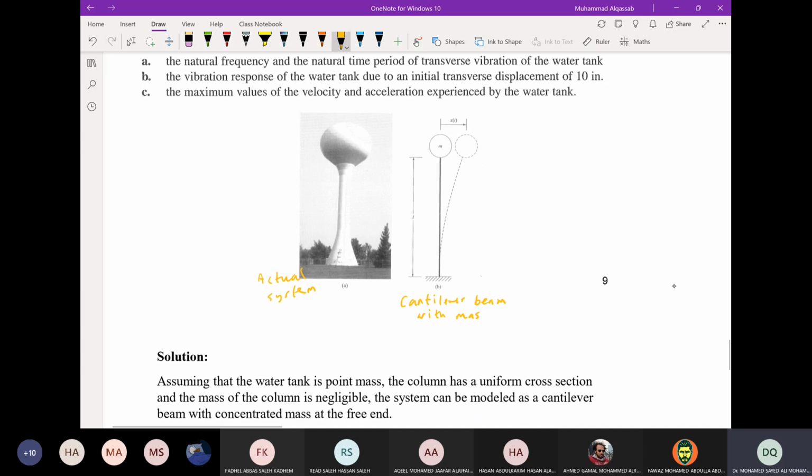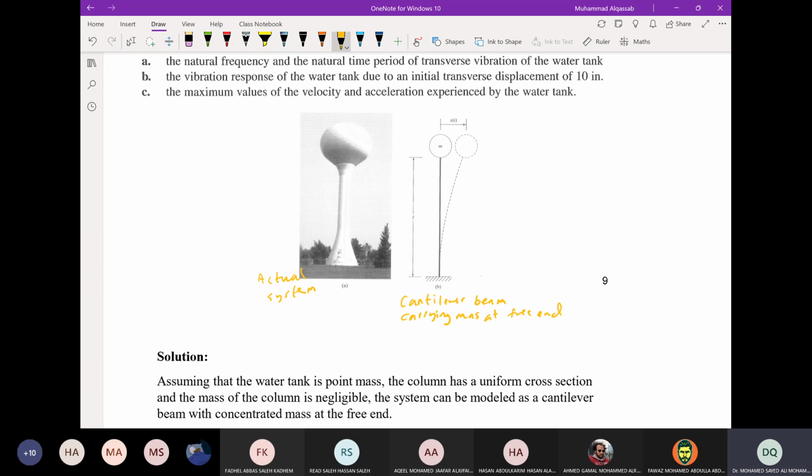The cantilever beam carries a mass at the free end. The beam is assumed to be uniform, so we can apply the equation 3EI over L cubed.